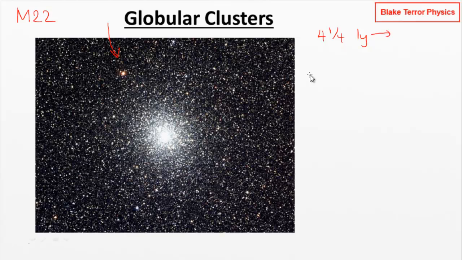In a globular cluster, you're looking at an average separation of about 1 light year. In the core of a globular cluster, you might be looking at 1/3 or even less of a light year. So that is densely packed.